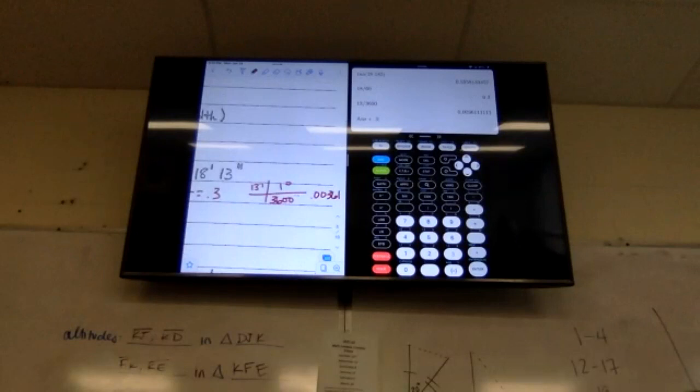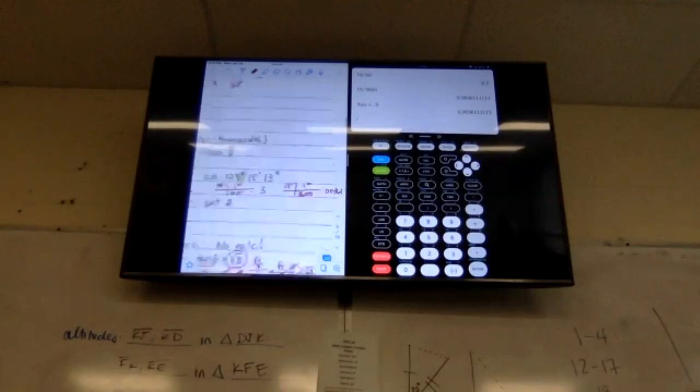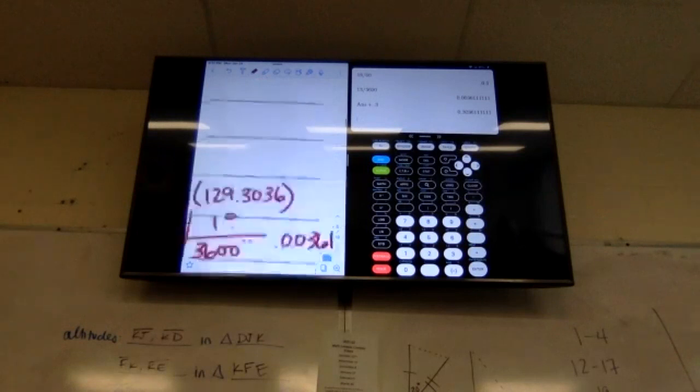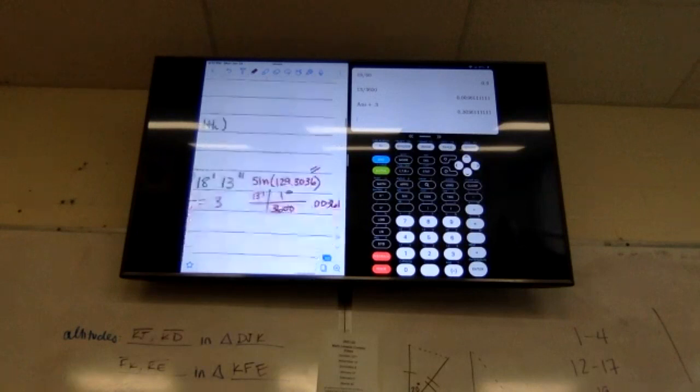Add that plus 0.3. So that means what I'm physically putting into my calculator is going to be sine of 129.3036, and I get 0.7738.